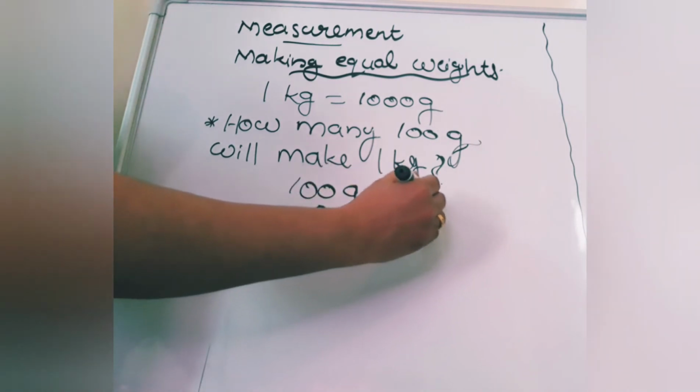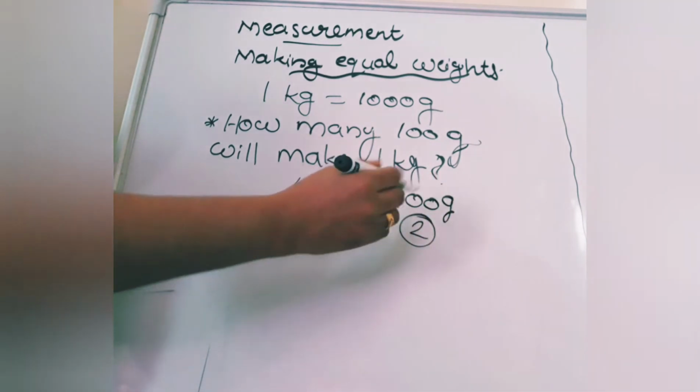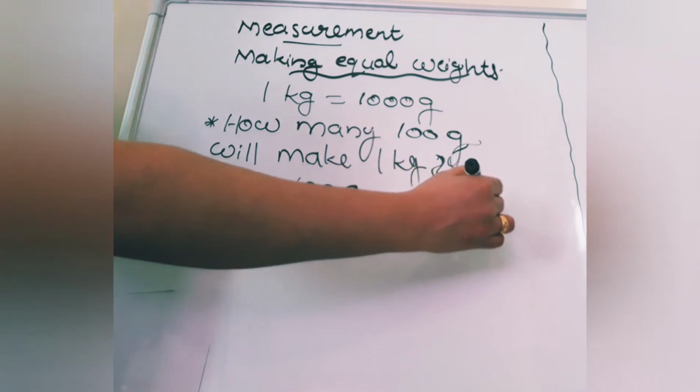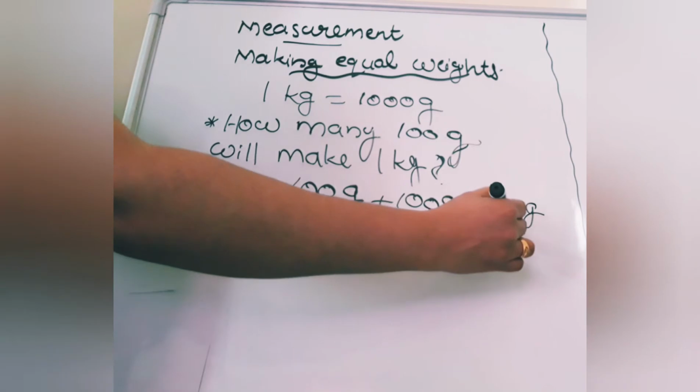Plus again 100 gram, when you take 2 times, now we got only 200 gram. Now we should get 1000 gram. So one more time you take, 3 times.